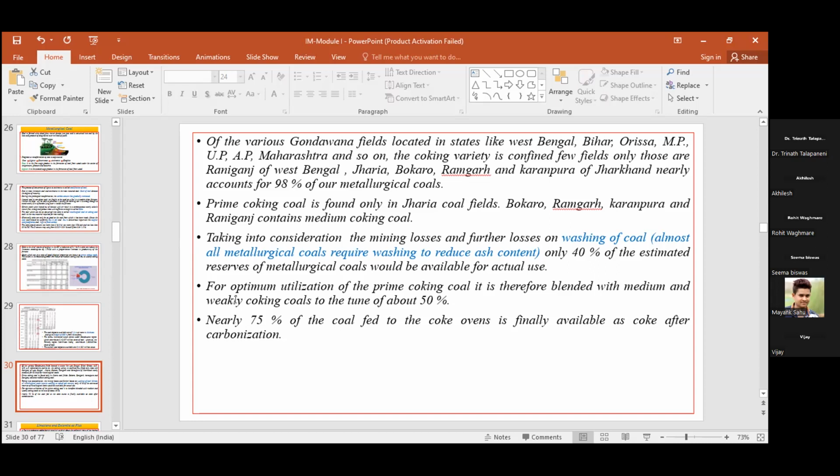To minimize the consumption of prime coking coals, which are available in very small quantity, and for their optimum utilization, prime coking coal is blended with medium and weak coking coals, approximately around 50%.